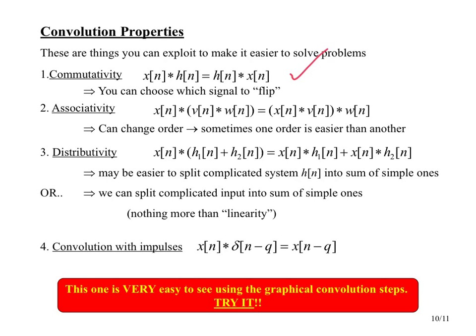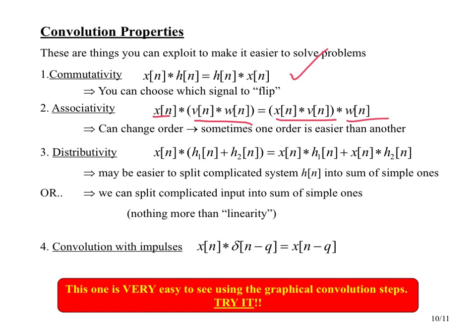Associativity basically says that if we convolve x first with v, then convolve it with w, that's the same as taking v and convolving it with w first and then convolving that with x.